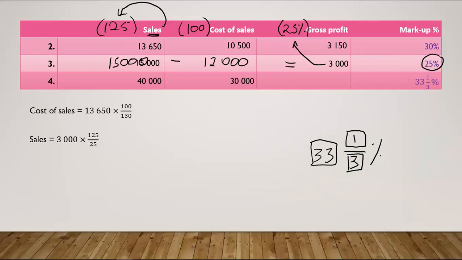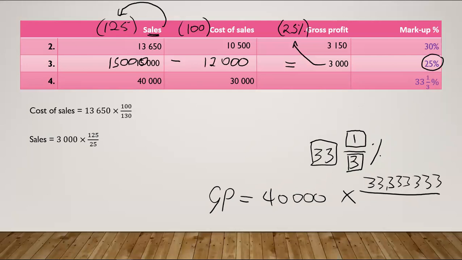Otherwise, if you want to use the gross profit margin, you will decide what you want to use first. If I want to use sales to calculate gross profit, I'll say gross profit is GP, and I take 40,000 times gross profit, which is 33.33333, but sales will be at 133.